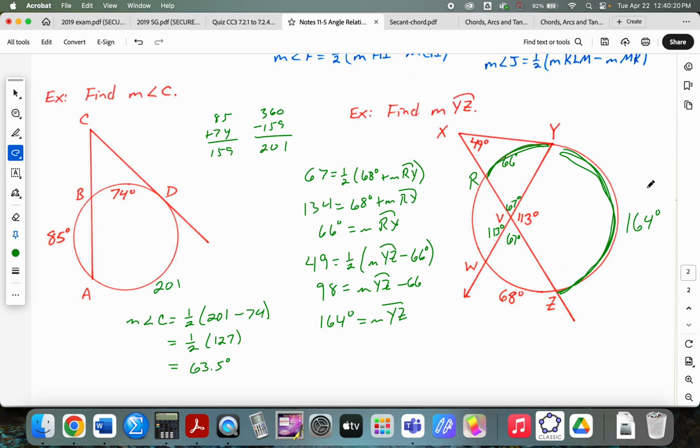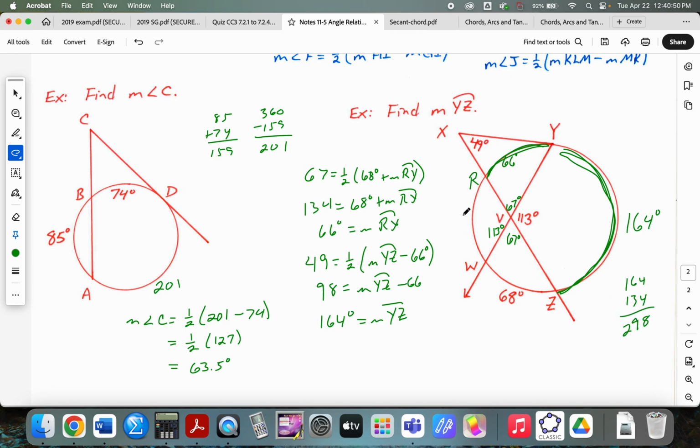If you wanted to, you could check yourself on this to see if that makes sense. We know all the arcs in the circle except for arc RW. So let's see, 66 and 68 is 134 plus 164 would be 298.